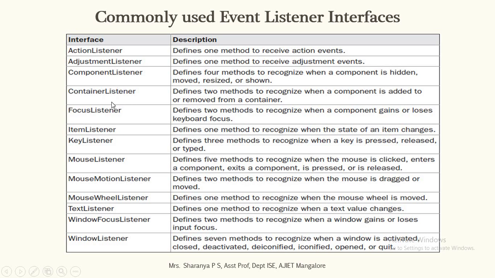Like that, container listener, focus listener, item listener. Here it defines one method which recognizes when the state of an item is changed. Like from a radio button, if we are selecting it, then at that time the item is in a selected state, or in a list, if we are selecting some item, during that time the item event will be generated and it will be handled by the item listener.